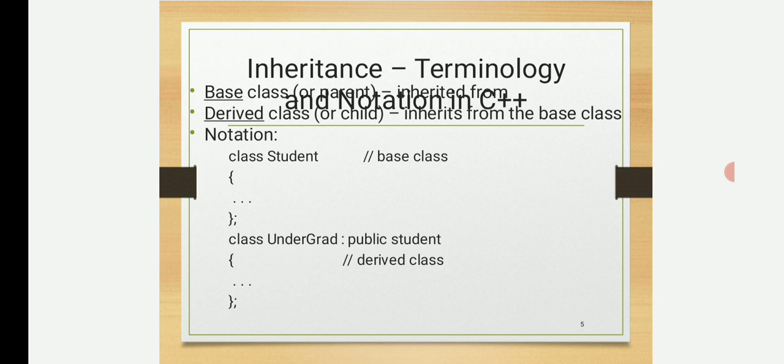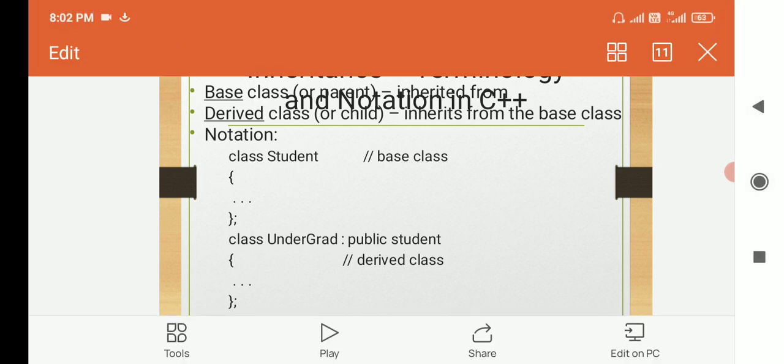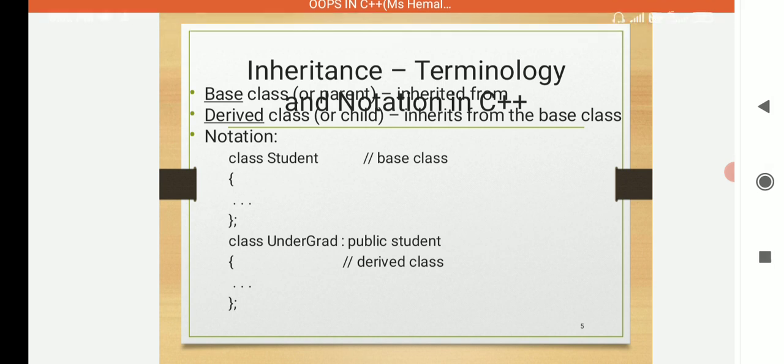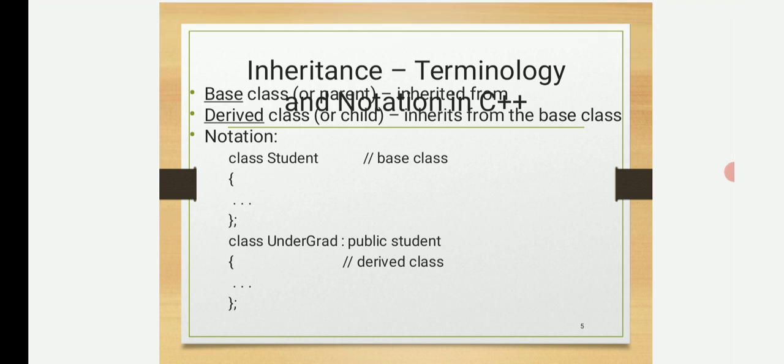If you declare it as public, we can use those variables and methods anywhere in the program. Here I am using the word public, so automatically we can use those variables and methods anywhere in our program. After that you give the base class name.